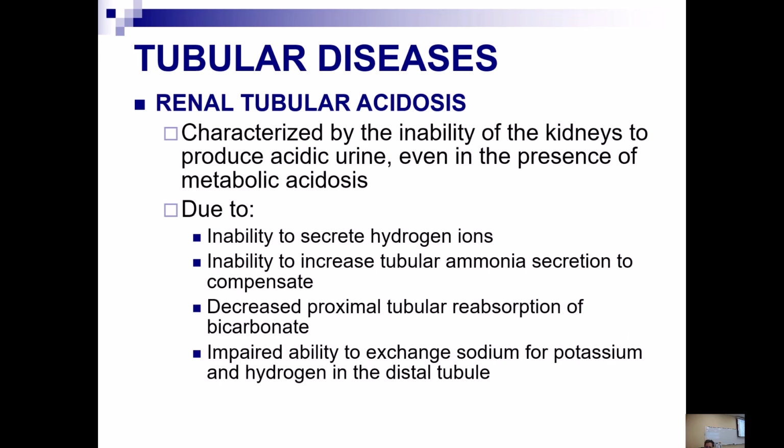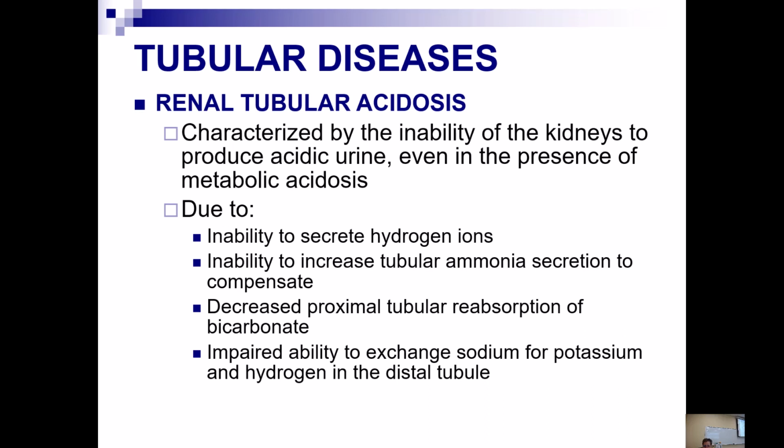Renal tubular acidosis is characterized by the inability of the kidneys to produce acidic urine. Because what happens in that distal convoluted tubule, remember that's where most of that acid-base balance is going to occur to keep the blood pH at that nice tight range of 7.35 to 7.45.